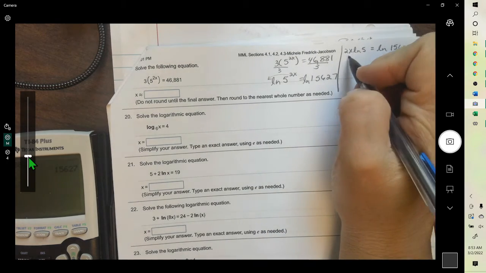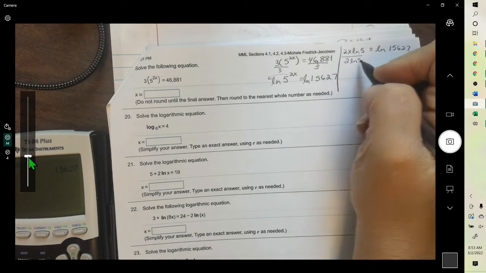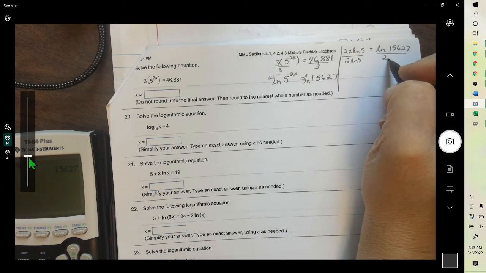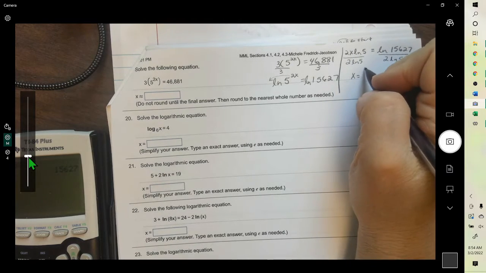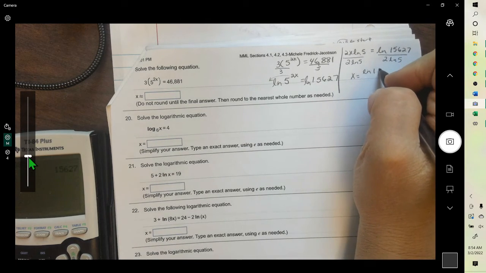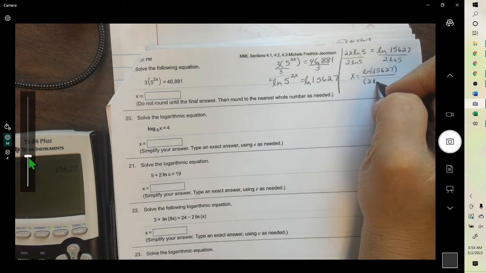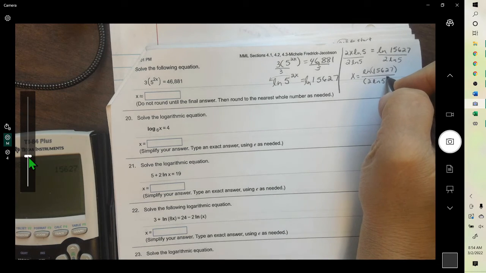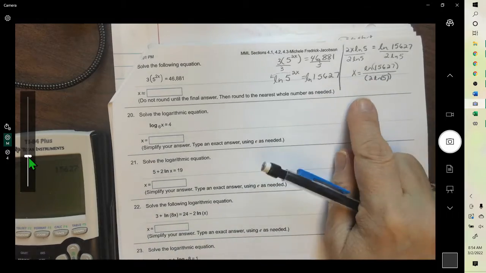Now we want to get x by itself, so we can divide by 2 natural log of 5. So x equals the natural log of 15627 divided by 2 natural log of 5. So this would be the exact value.